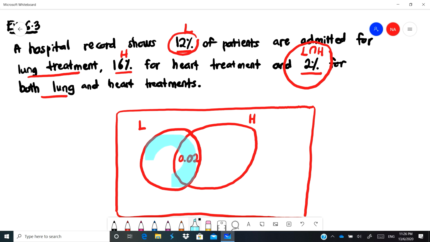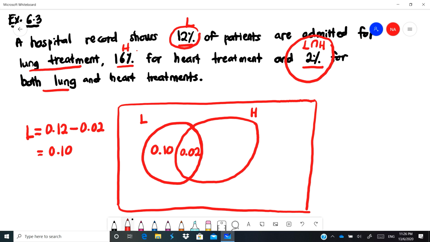But now we only want only lung, meaning we have to subtract the intersection, which is 0.02. So for lung it's 0.12, which is 12%, and you subtract 0.02. So you'll get 0.10. That one is for lung.